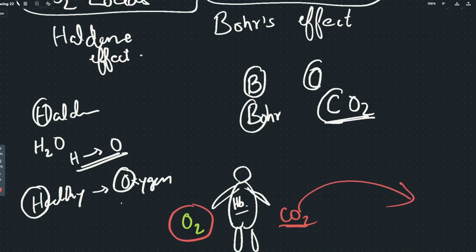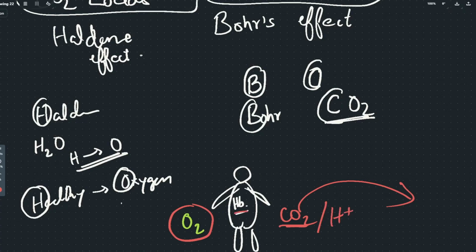This is Haldane effect. If hemoglobin is hanging out too much with oxygen, I mean, if there is oxyhemoglobin, then its affinity for CO2 will decrease. So in a technical way, oxyhemoglobin has less affinity for CO2, or we can also write H positive, don't forget that.